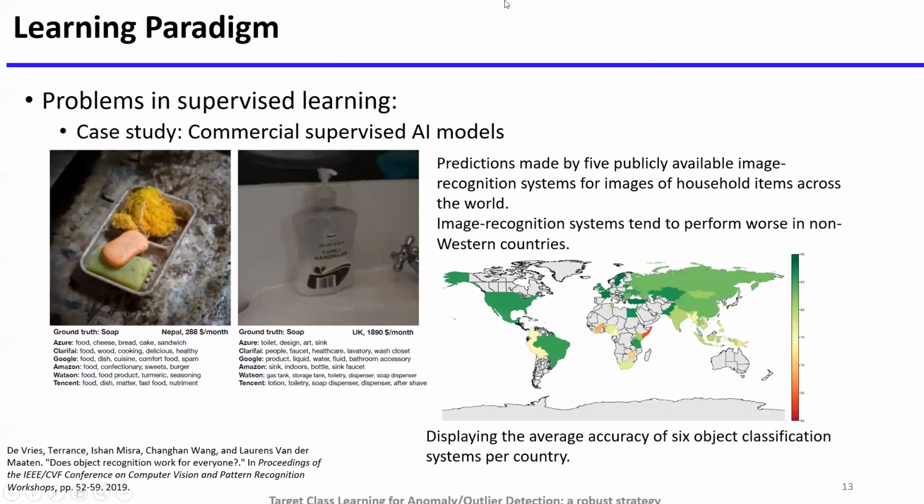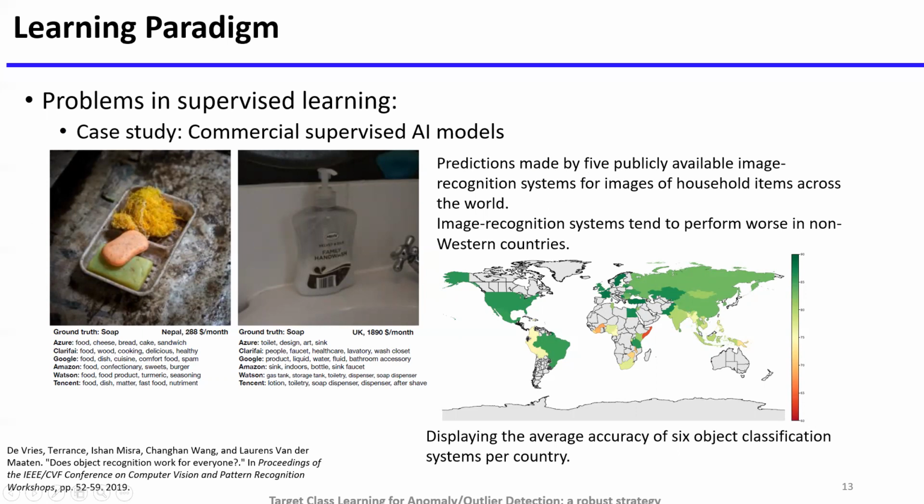Another problem is that although we are using supervised learning models, whenever we try to predict, there are certain discrepancies in the outcomes. Here is one example: a prediction was made by five publicly available image recognition systems for images of household items across the world.